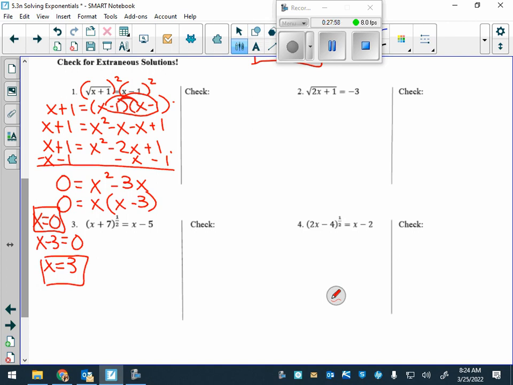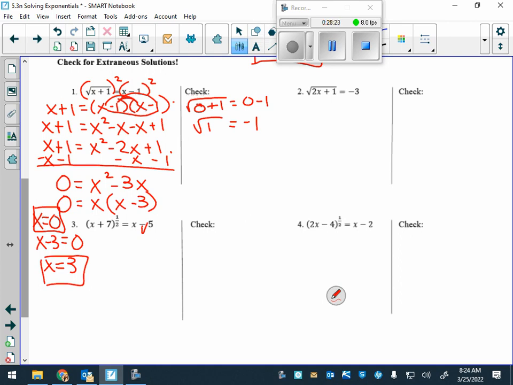So we're going to try x equals 0 first. So that means I'm going to have the square root of 0 plus 1, equals 0 minus 1. Okay? Now, this is where you have to remember, since we are just evaluating, we are not solving in the checking situation.